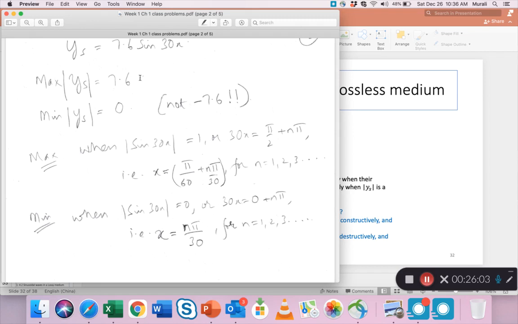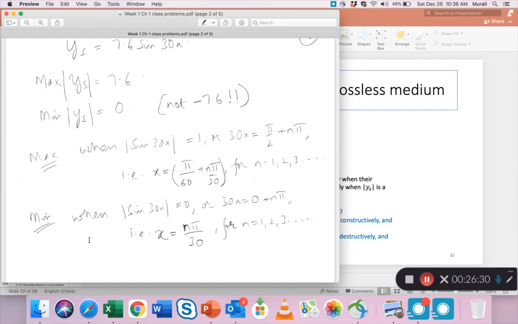That happens when 30x is pi by 2 plus n pi, because we know that the sine value repeats at every 180 degrees. So x equals pi by 60 plus n pi by 30 for n equals 1, 2, 3, 4 and so on.